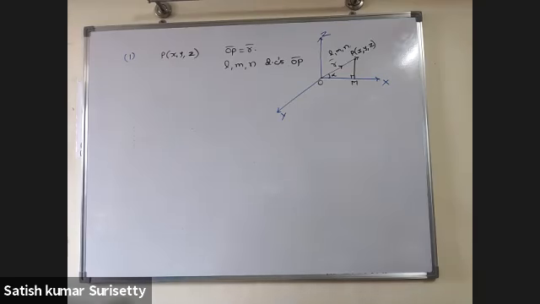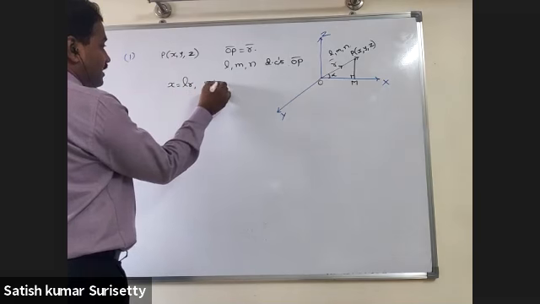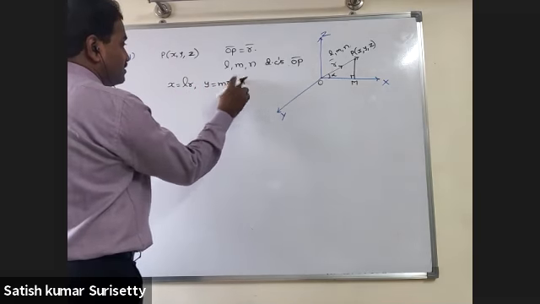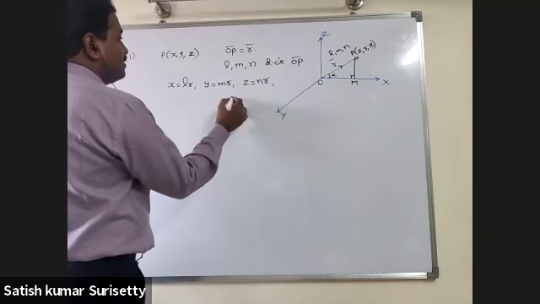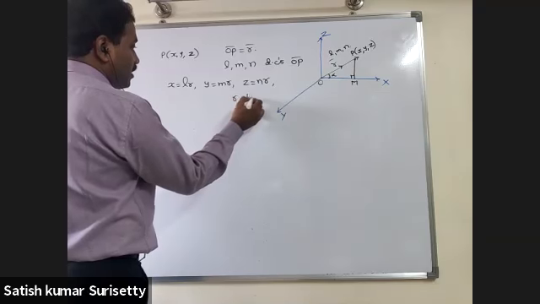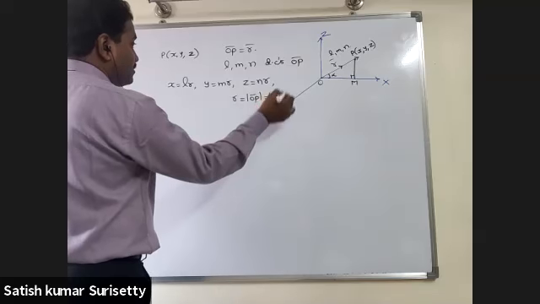Then x equal to LR, y equal to MR, z equal to NR, where R equal to modulus of OP bar, that is length of OP.